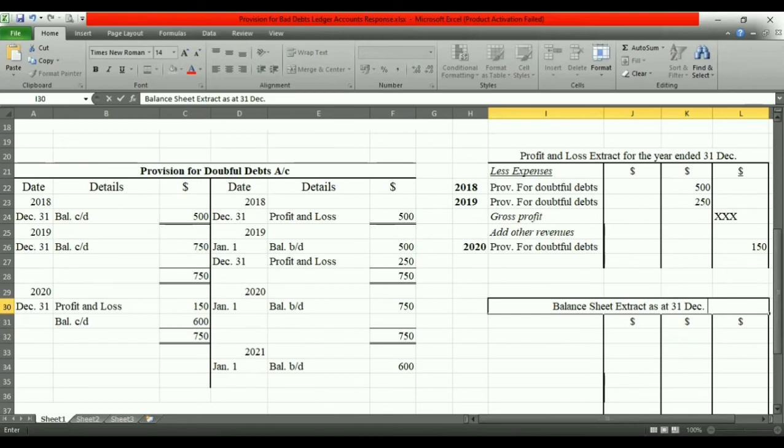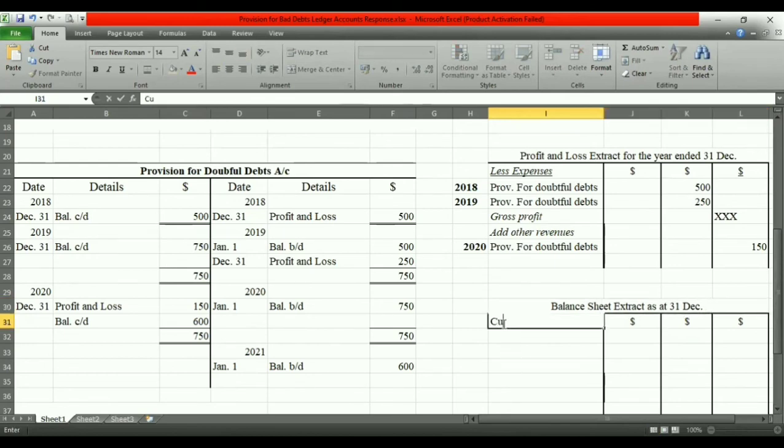Where do you show your trade receivables in your balance sheet? These are listed as current assets. So you need to show the heading under which you're recording that, current assets. And the current asset that we're looking at is debtors, and we're doing 2018 first.